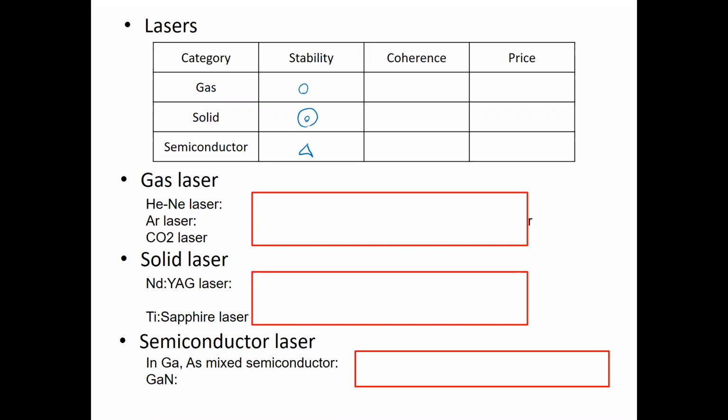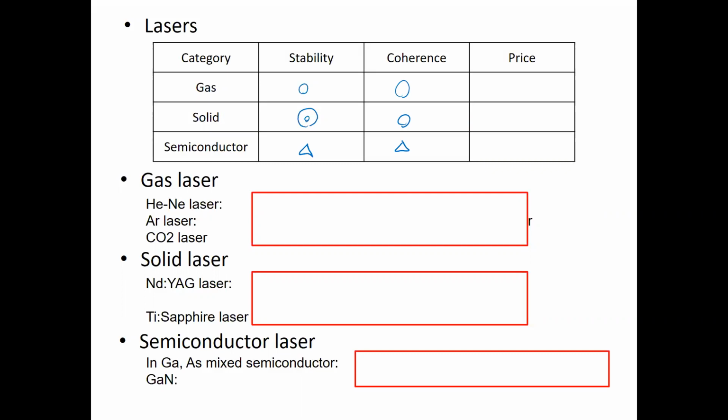And about the coherence, I will come back here. You can now just think like coherence is the property of the light which can induce interference. And the solid laser is the best one. Gas laser is also good, but semiconductor laser is not so good.